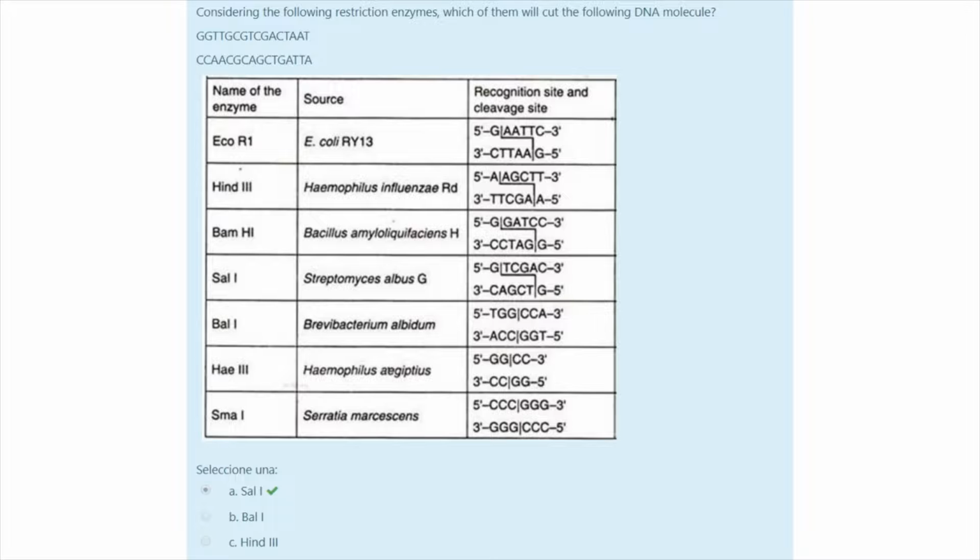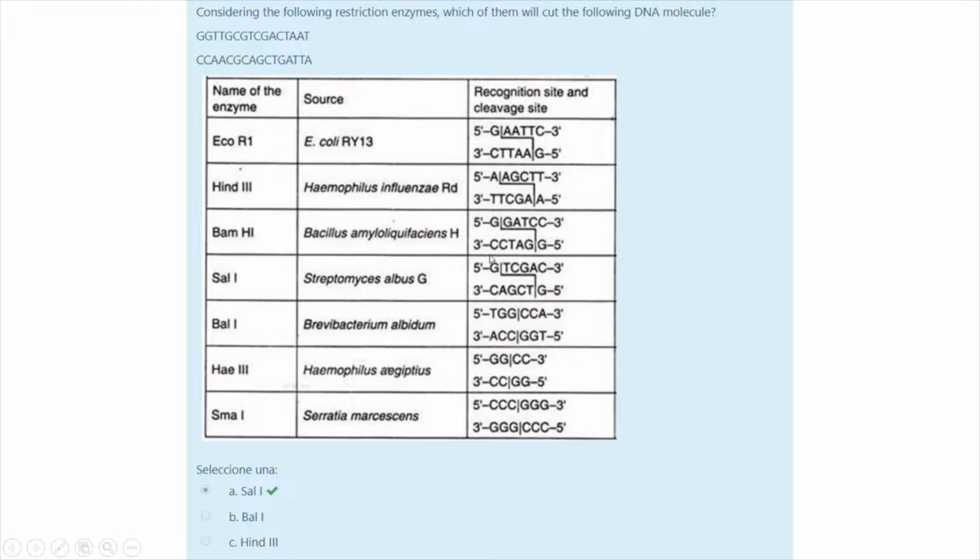Okay, so now you know the difference between sticky ends and blunt ends. And this question was very easy as well. It was just asking you to read this whole DNA sequence and which of these enzymes will cut it. Well, again, we go and see the special things that we've got, and then we're going to see that GTCGAC is only present in, is only recognized by these enzymes.